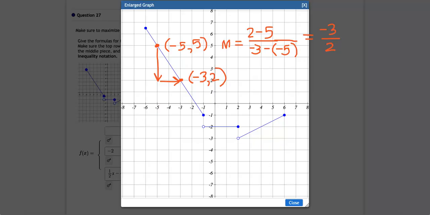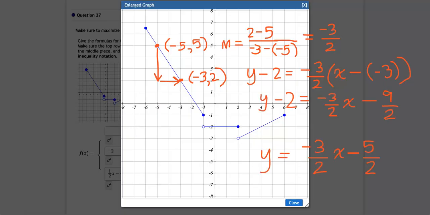For the y-intercept, you can use point slope form. Y minus y sub 1 is equal to m times x minus x sub 1, and then simplify, first by using the distributive property and then adding 2 to both sides. And so I have -3/2 x minus 5/2.